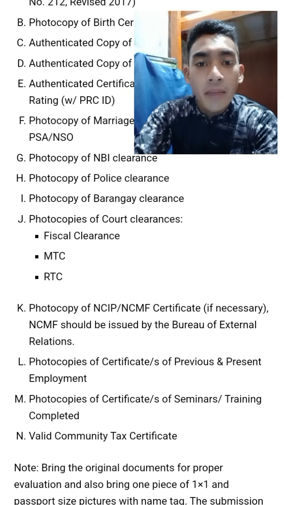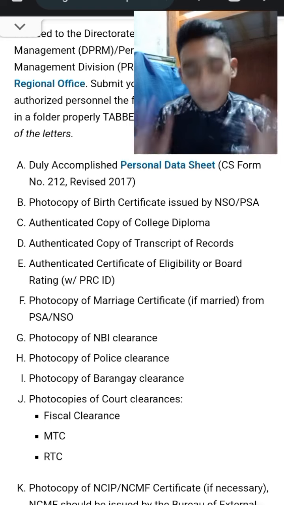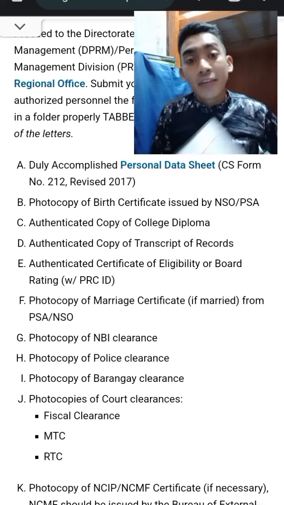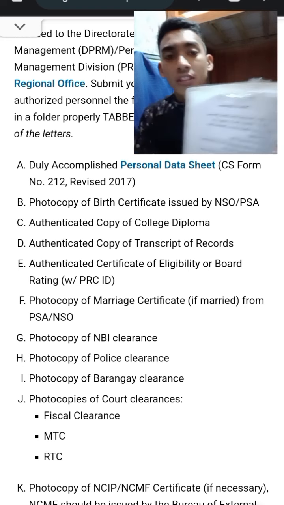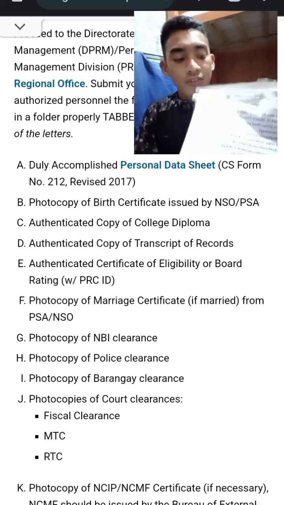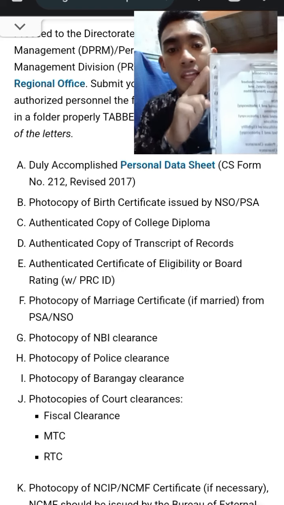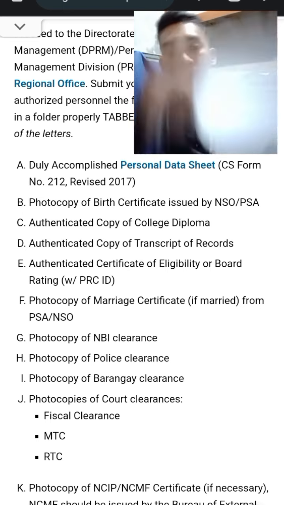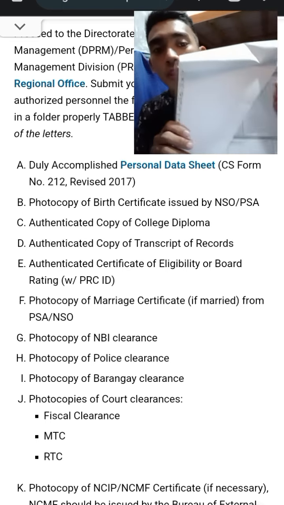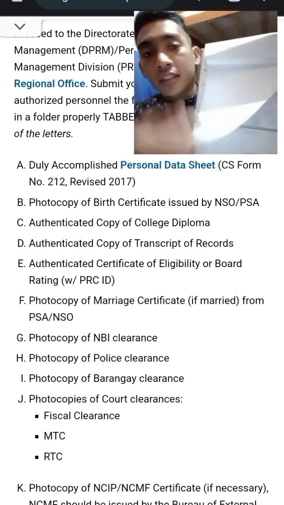Now, going back to this duly accomplished personal data sheet, you should accomplish it handwritten, at least 3 sets. After the table of contents, have it tabbed by letters, from letter A to letter K. Here I have placed a paper to separate it.